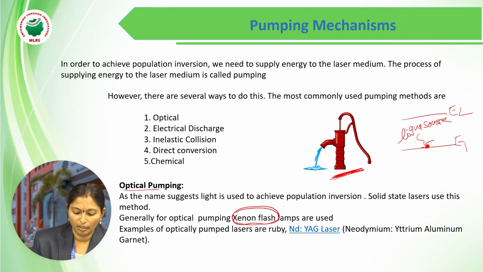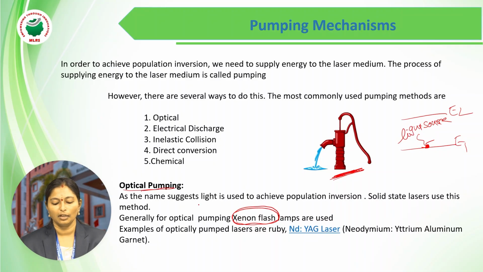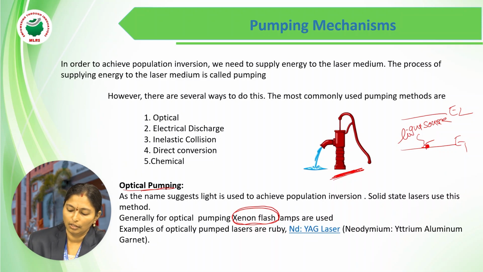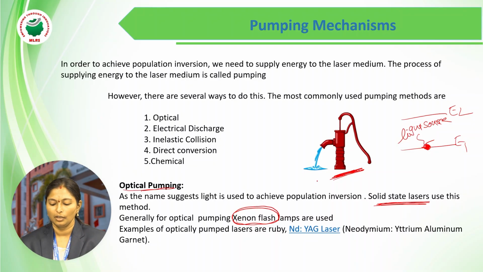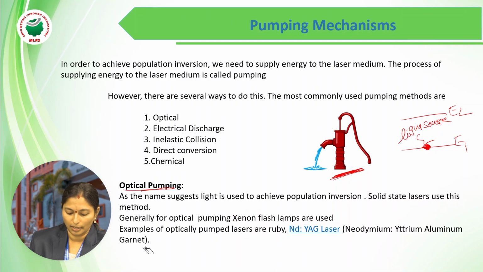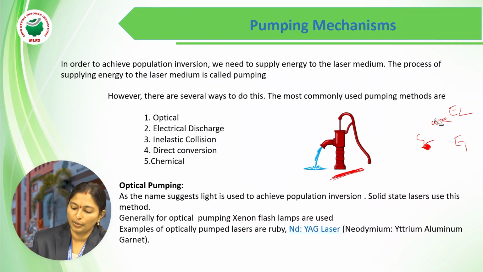Here the source is different, the process is the same. As the name suggests, light is used to get the population inversion, so we are using xenon flash lamps to excite the atom from the ground level to the excited level. The best examples are solid state lasers, such as the ruby laser and the Nd:YAG laser. These types of lasers use optical pumping as the pumping mechanism.